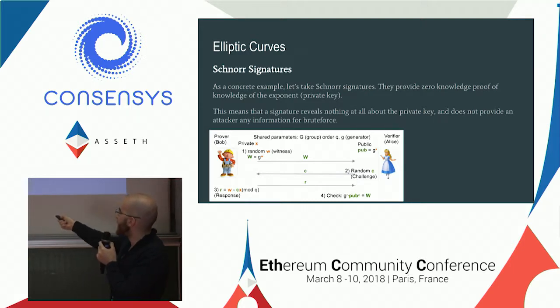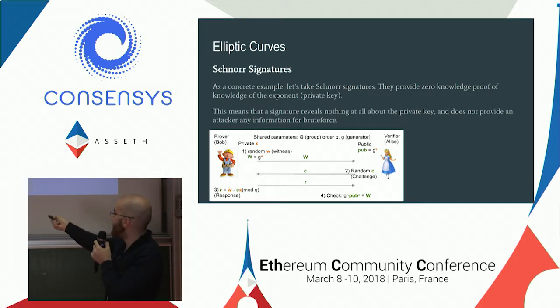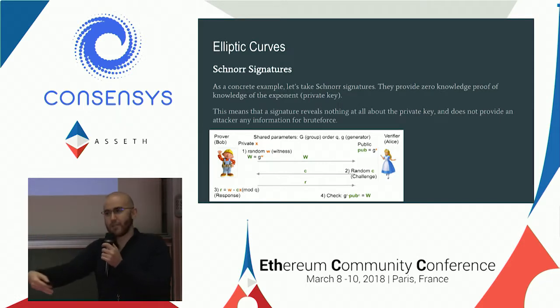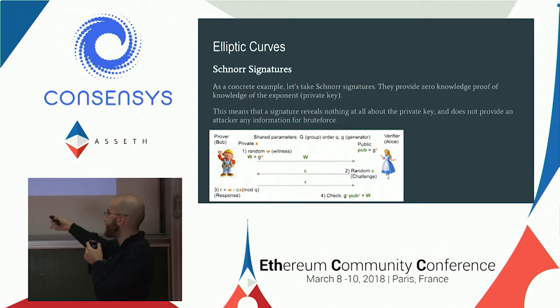And Alice already has my public key, right? So g^x is my public key, and that's also public information. She got it from a mailing list or something. Because this is the interactive version of Schnorr, Alice picks a random number c, just a random integer, and sends me that integer.